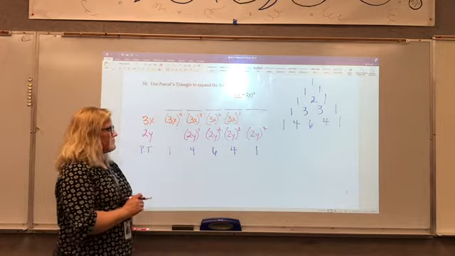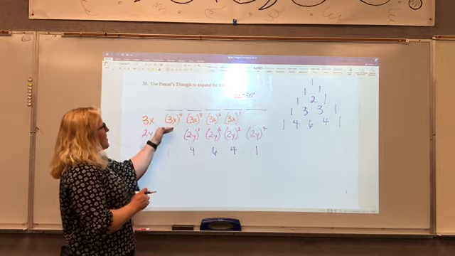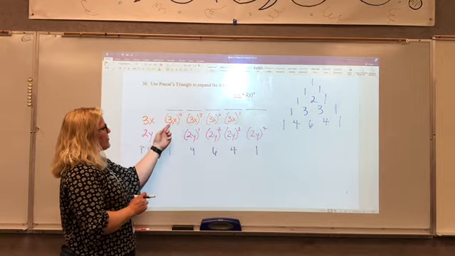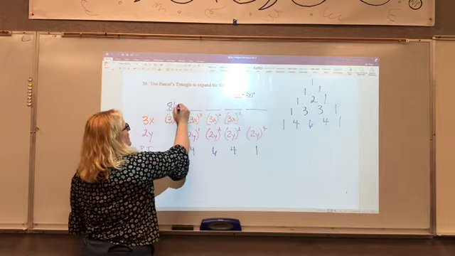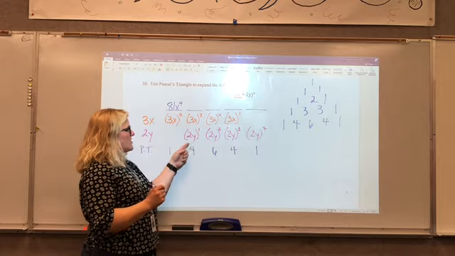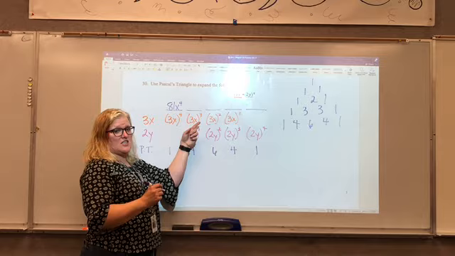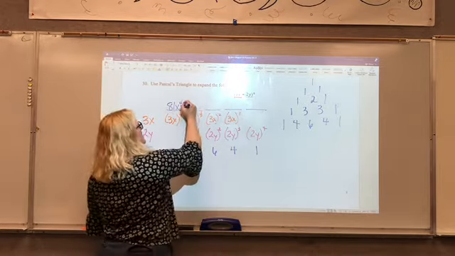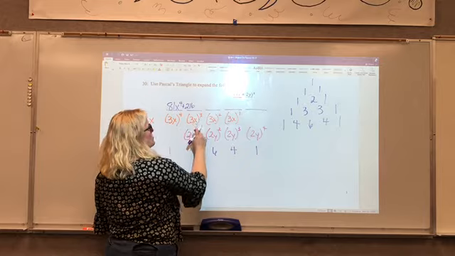All right, now I'm just going to multiply up. So 1 times 3x to the fourth, I have 3 to the fourth is 81, and then I have x to the fourth. Here, I've got 4 times 2 is 8, and then 3 to the third is 27. So 27 times 8 is 216, x cubed y.